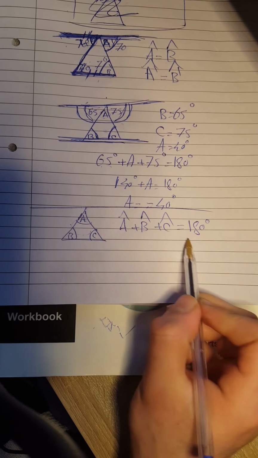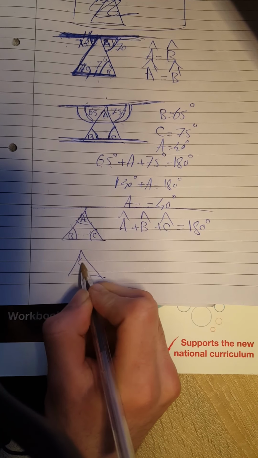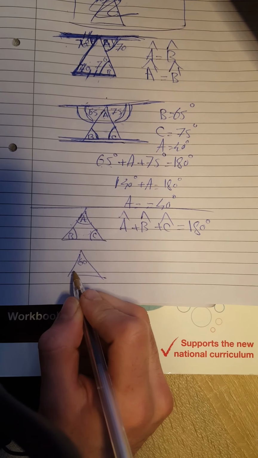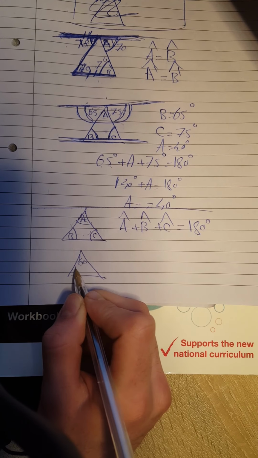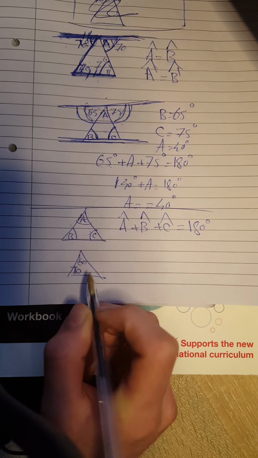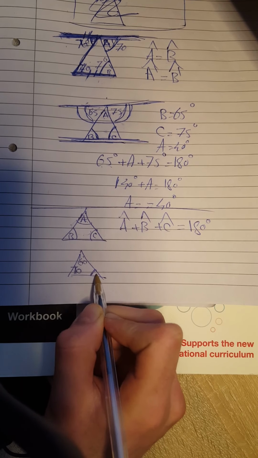The sum of them equals 180. A quick example, if we have 60 here and 70 here, 60 degrees and 70 degrees, and they want this angle.